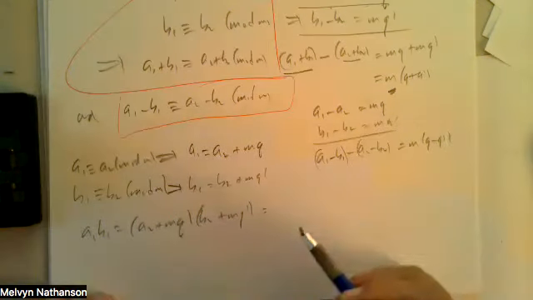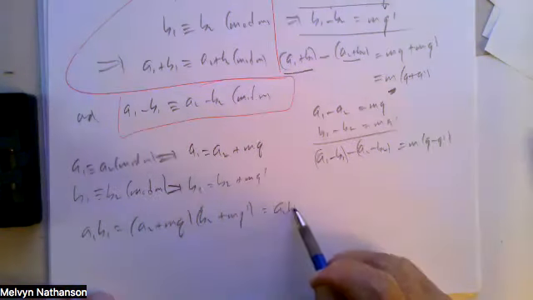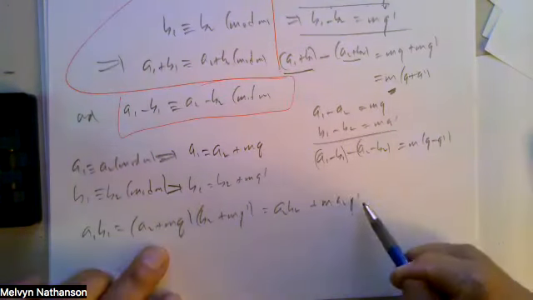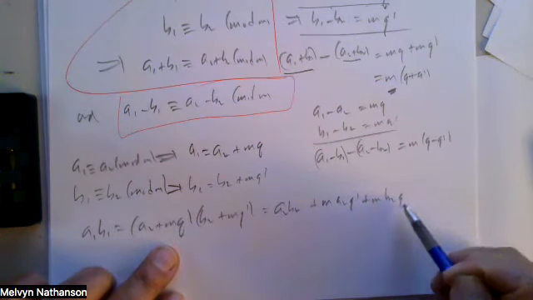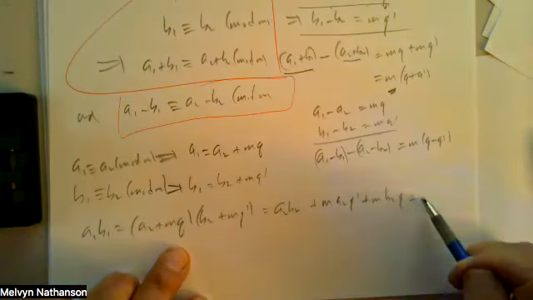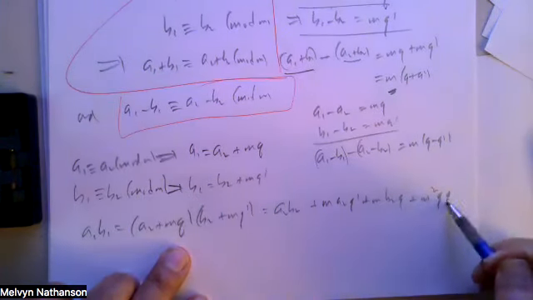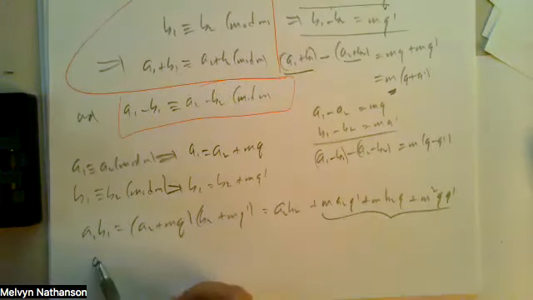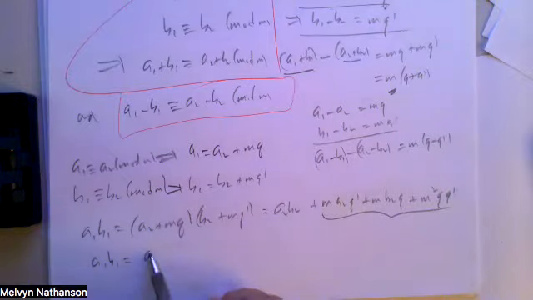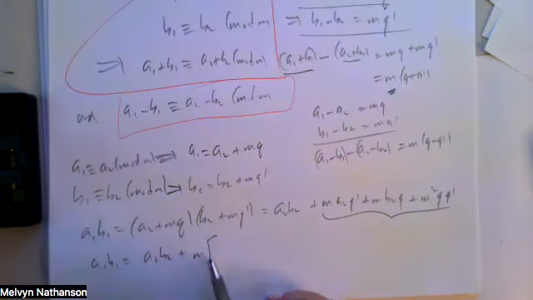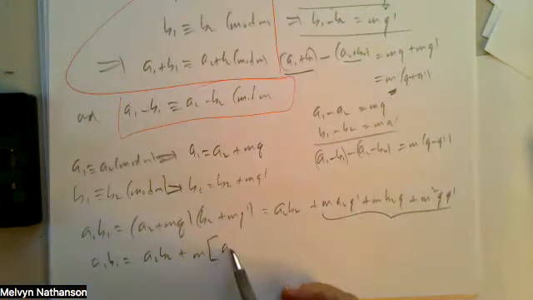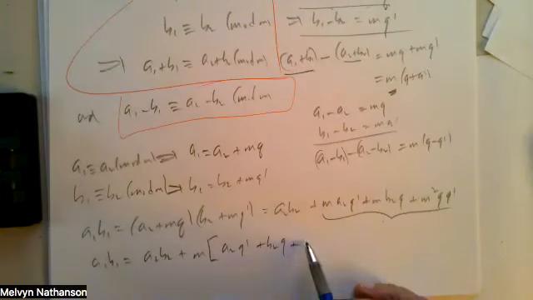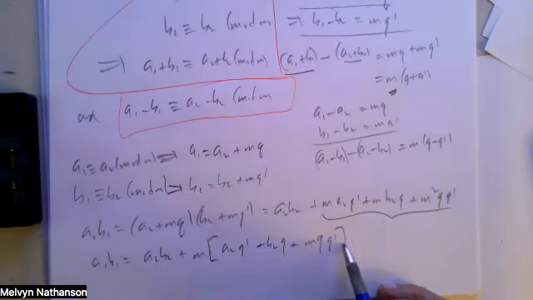Let me multiply this out: A2B2 plus mA2q prime plus mB2q plus m squared qq prime. And from this part, I can factor out an m. A1B1 equals A2B2 plus m times the quantity A2q prime plus B2q plus mqq prime.